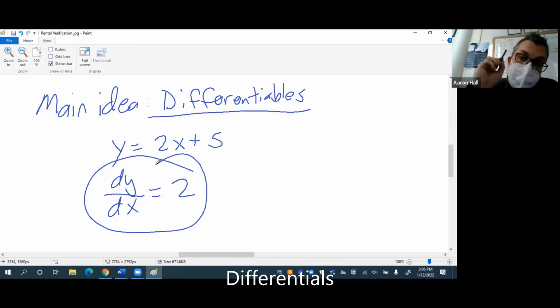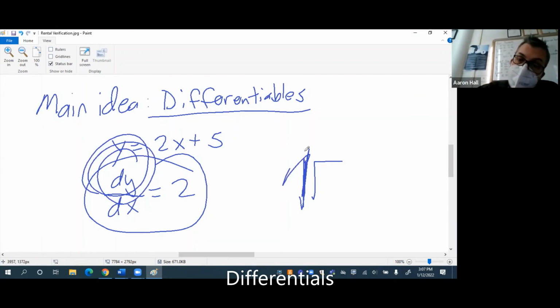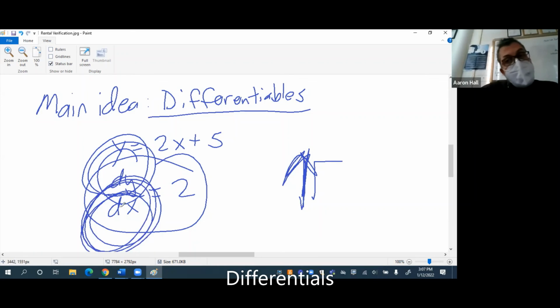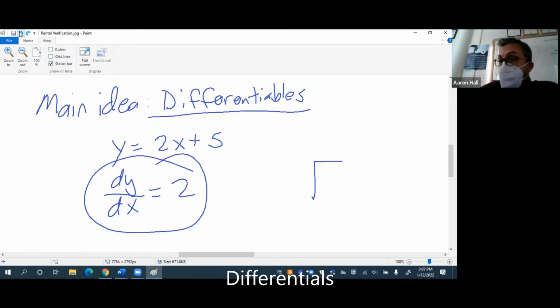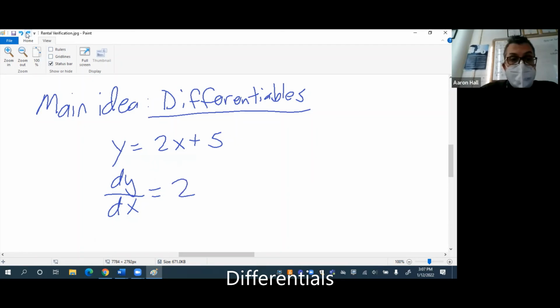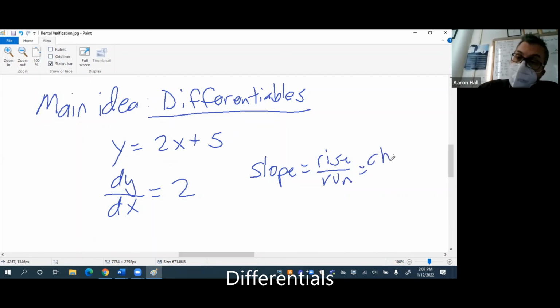And if you recall, slope is rise over run. What we're looking at is the change in y over the change in x. Isn't that what slope is?